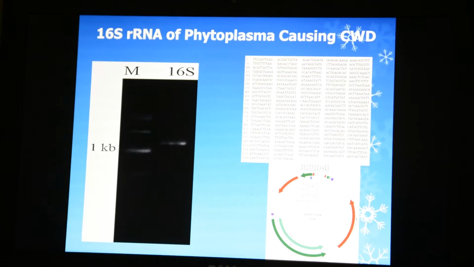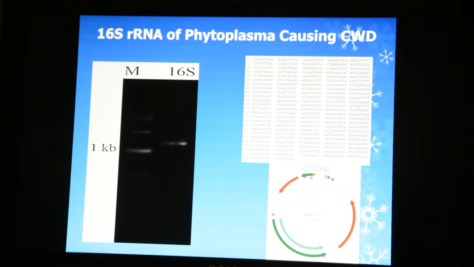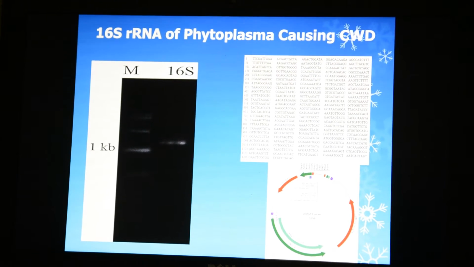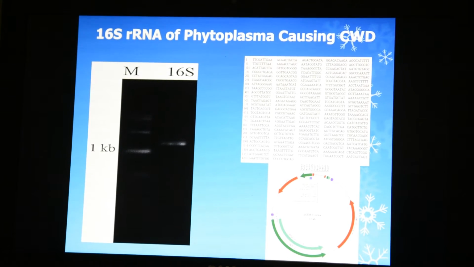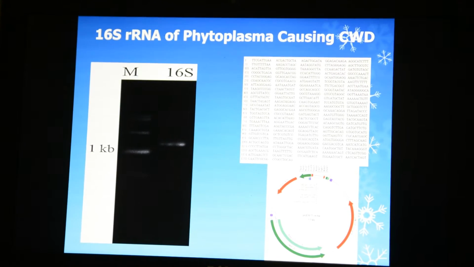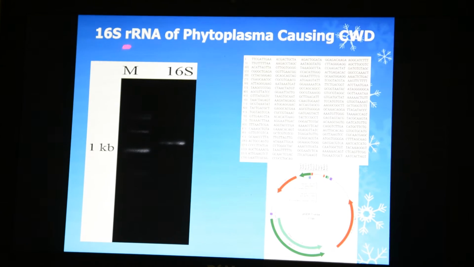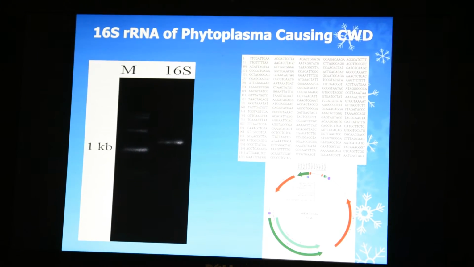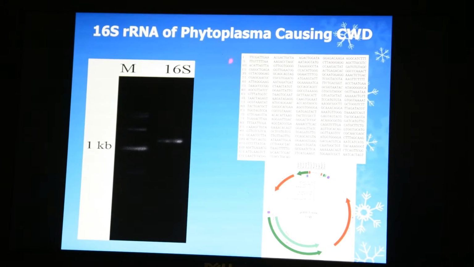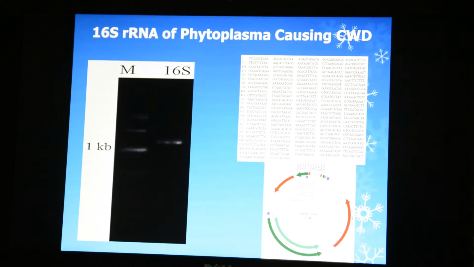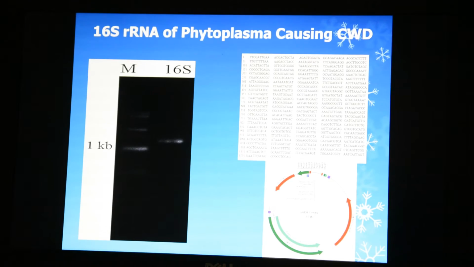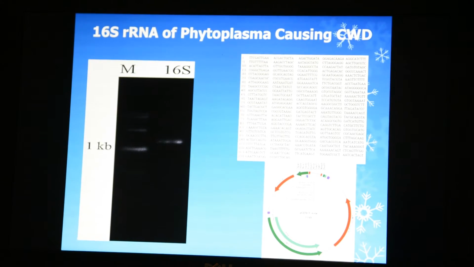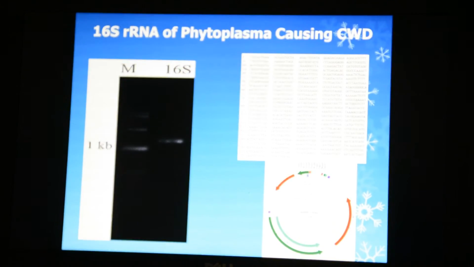So in order to use the technique to detect the phytoplasma causing cassava witches' broom disease, the first thing we have to do is identify the target gene, and this has been done by colleagues. You can see here the sequence of the 16S rRNA of the phytoplasma causing the disease, and we use its sequence to design a specific primer set to amplify it.